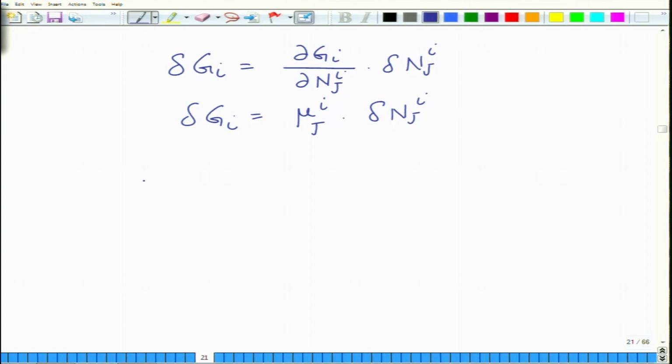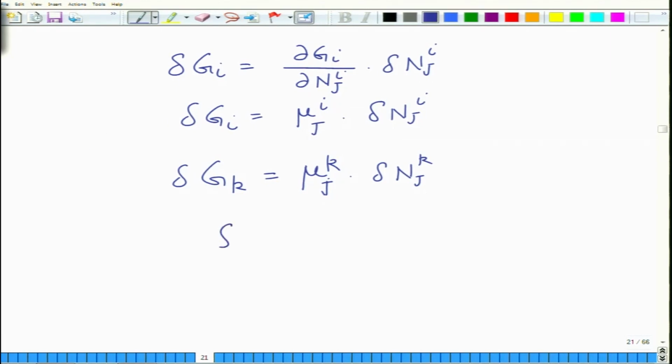Similarly, for the kth phase, if this component j goes from i to k, the incremental free energy change for the kth phase is del Gk equal to mu jk into del Njk.